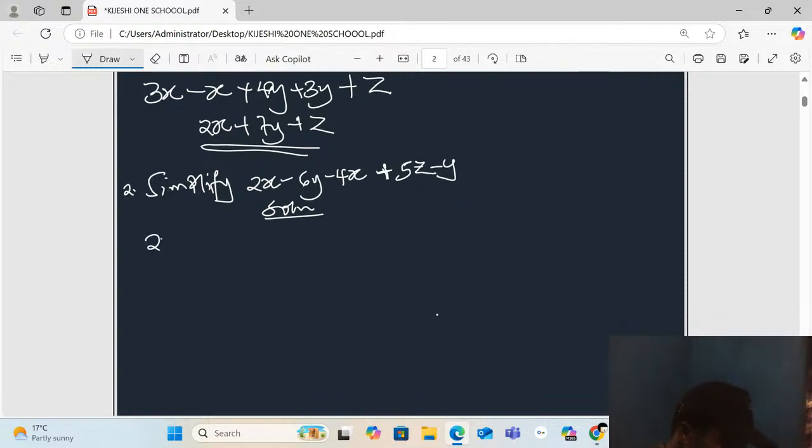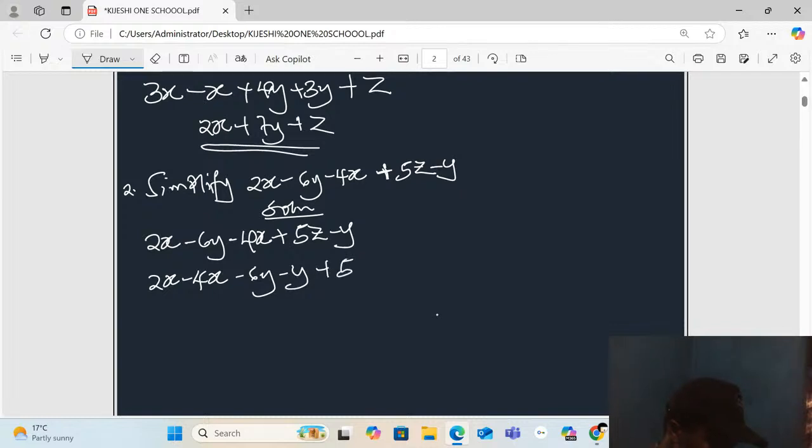So it is 2x minus 6y minus 4x plus 5z minus y. So we collect like terms together. You're having 2x minus 4x, minus 6y minus y, then plus 5z.